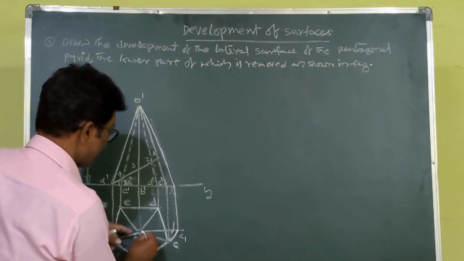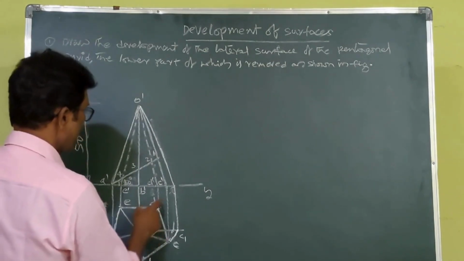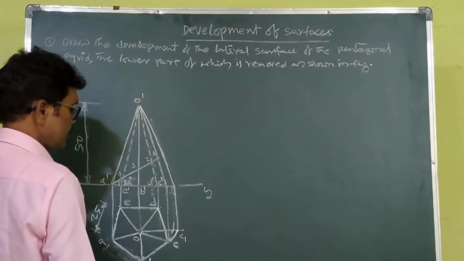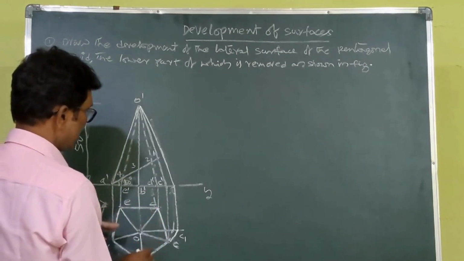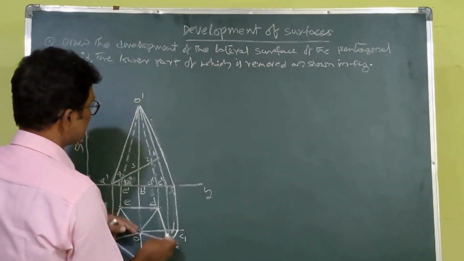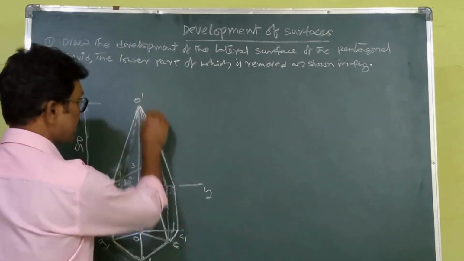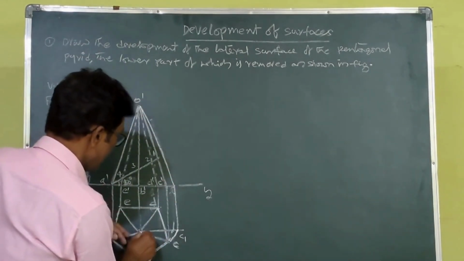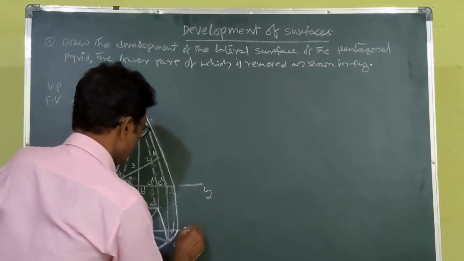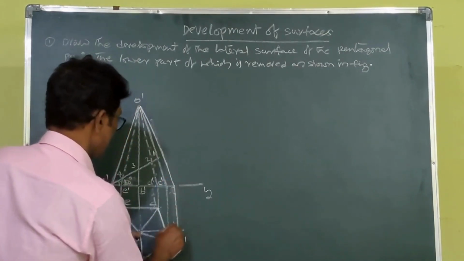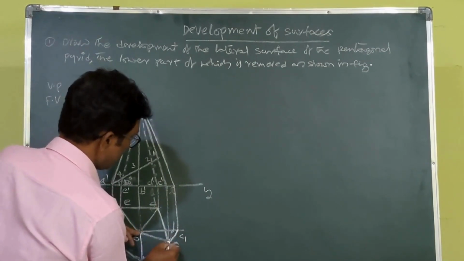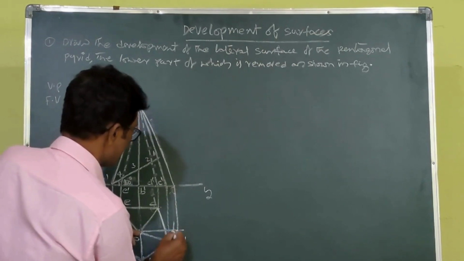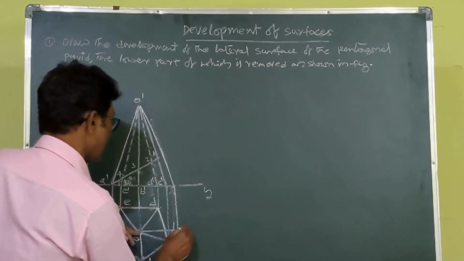Again I am explaining here. No edge is parallel to VP. First we have to make any one of the edges parallel to VP. Then only we can get the true length. That's why at O I draw a horizontal line with respect to XY, and with OC as a radius I draw the arc so that this arc cuts this horizontal line at this point.